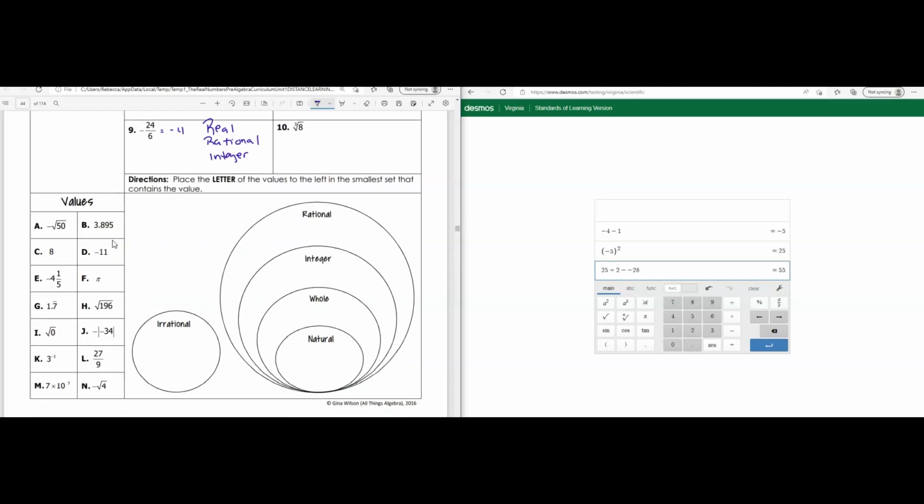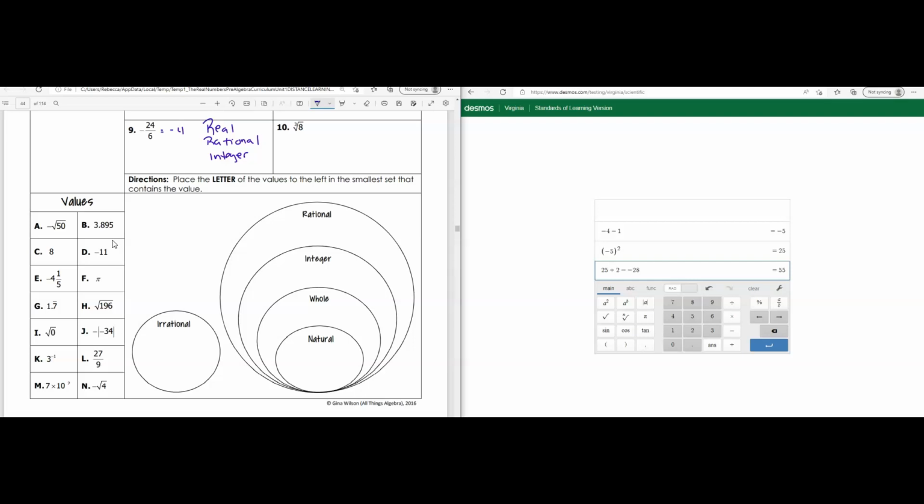Alright, for this last example, this wants us to place the letter of the values to the left in the smallest set that contains the value. So the most specific group that that number could belong to. This is asking for the negative square root of 50. 50 is not a perfect square.